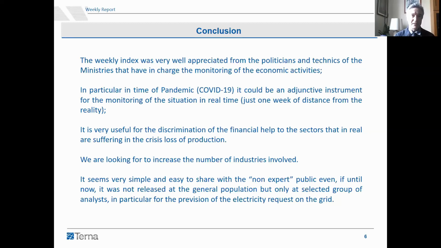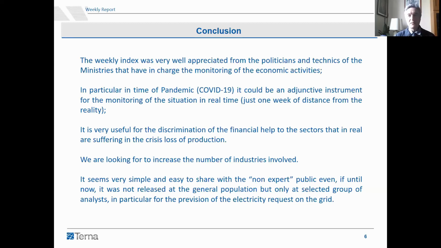After this first period, the situation changed, and Terna started to publish this information on the website, and we continue to elaborate this index and share this information with all the analysts and all the citizens interested in taking a look at it.